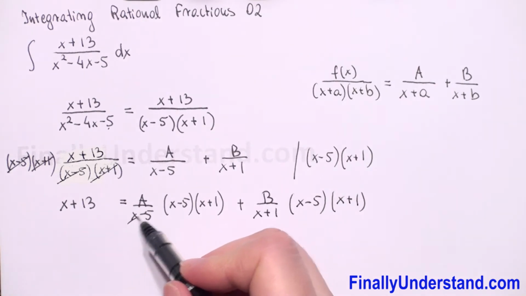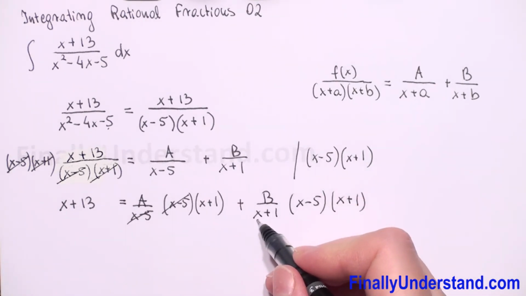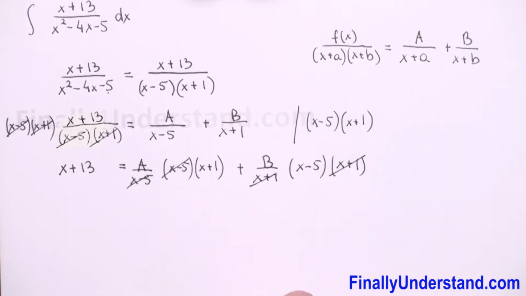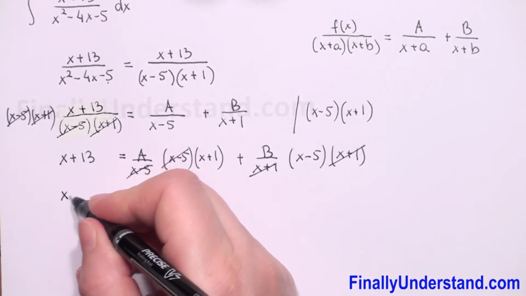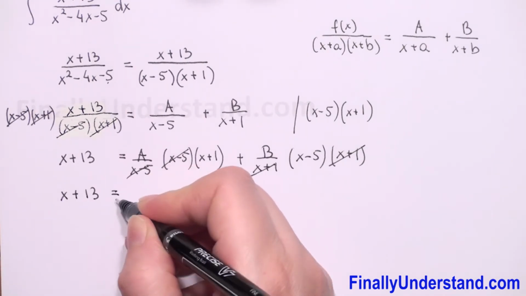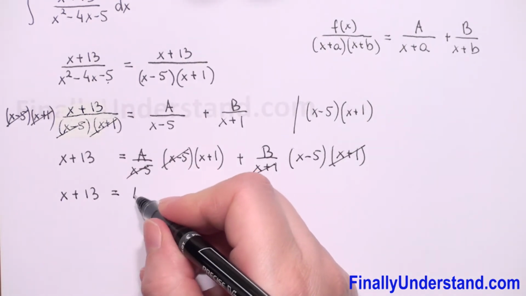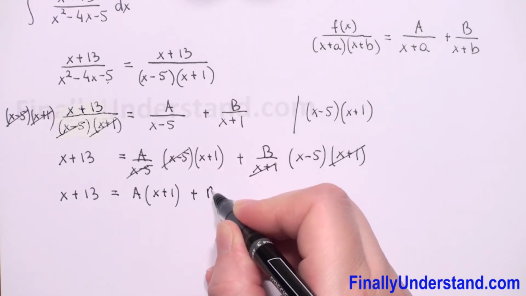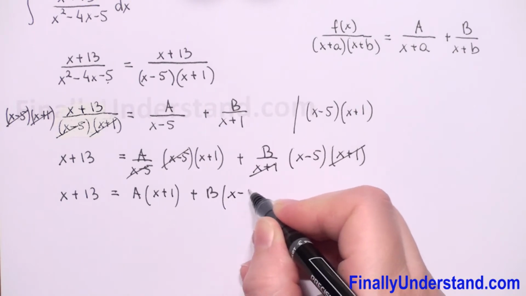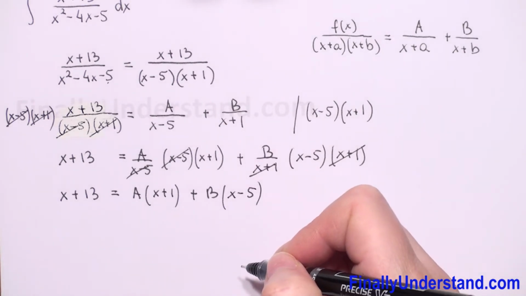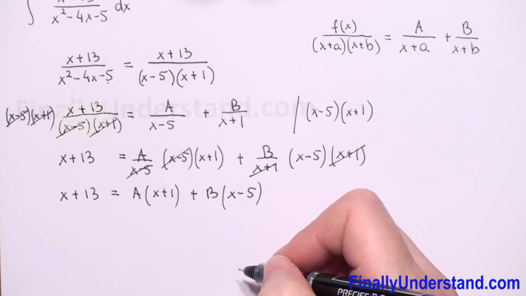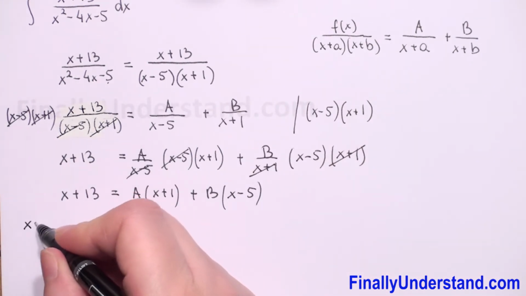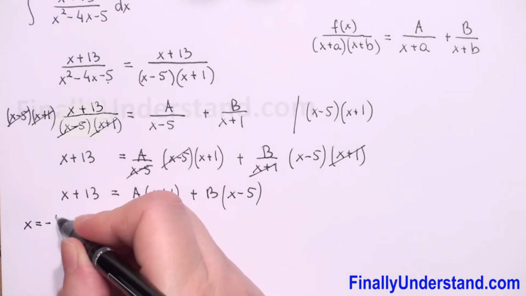So we can reduce denominators, and we have that x plus 13 is equal to A times x plus 1 plus B times x minus 5. Next, to find A and B, let's put first x equal to -1.